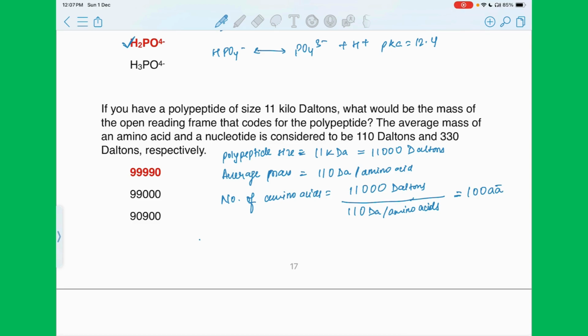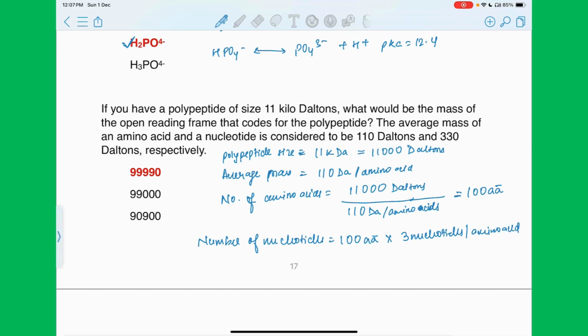For the number of nucleotides, we have 100 amino acids multiplied by 3 nucleotides per amino acid, which is 300 nucleotides.